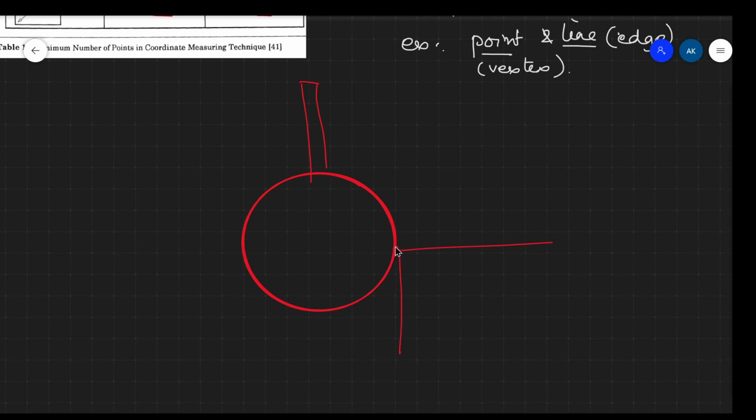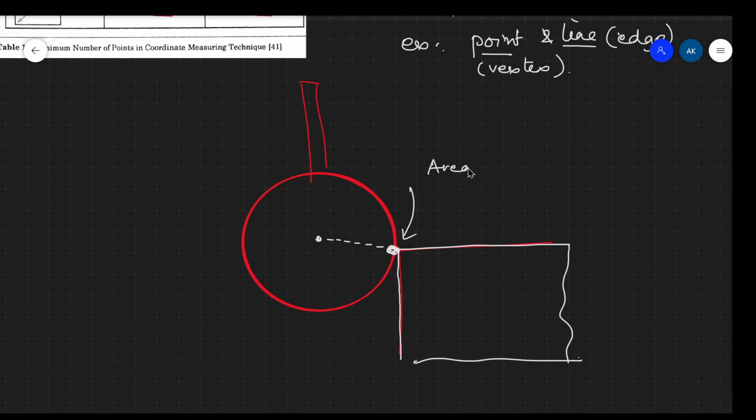If there is a contact at this point between the sphere and the workpiece, here the contact stress will be very high. What will be the area over here? Area of contact. It is almost 0.